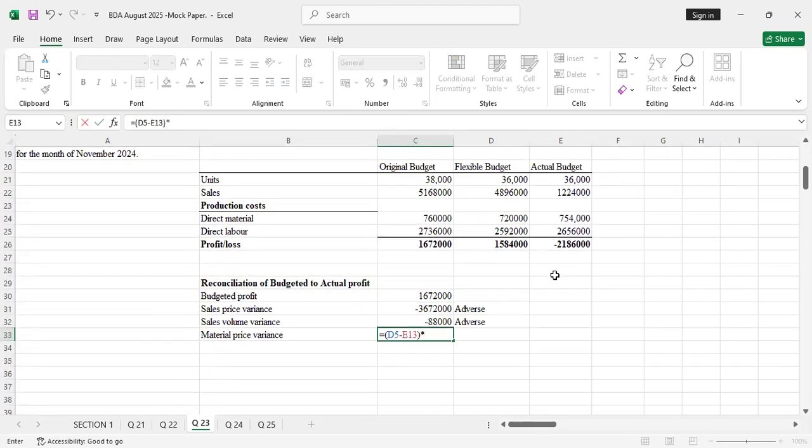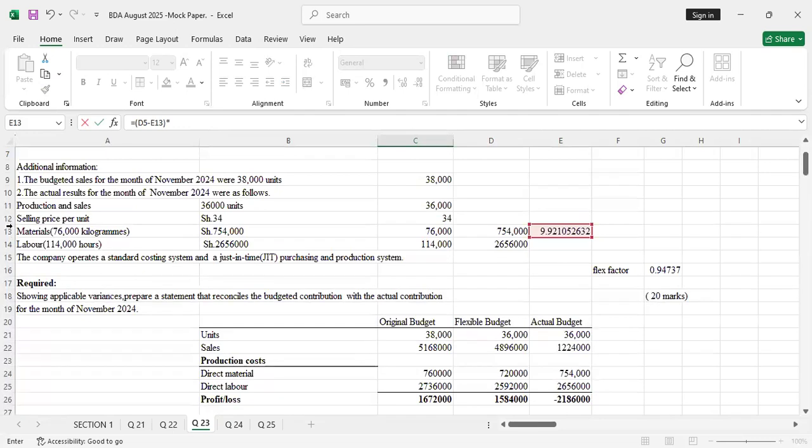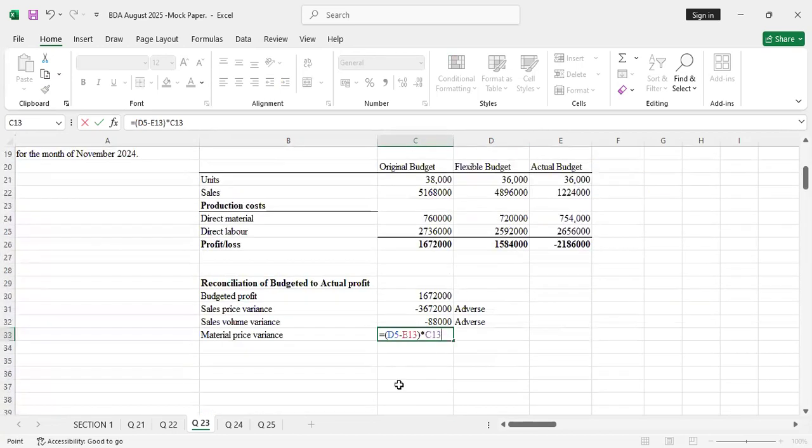Then you multiply by the actual quantity of material used, which was 76,000. We budgeted for 10 but ended up spending 9.9, so that's favorable.